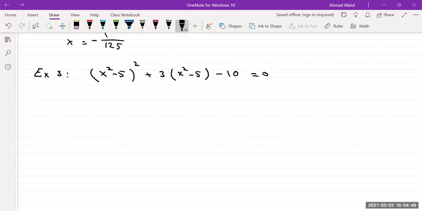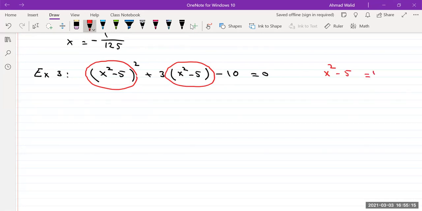Is this quadratic in form? Look, your first parentheses to the power of 2. Your second parentheses, which is the same as the first parentheses, but the power is 1. Then, easy to solve. I'll name x squared minus 5, what? u, correct?